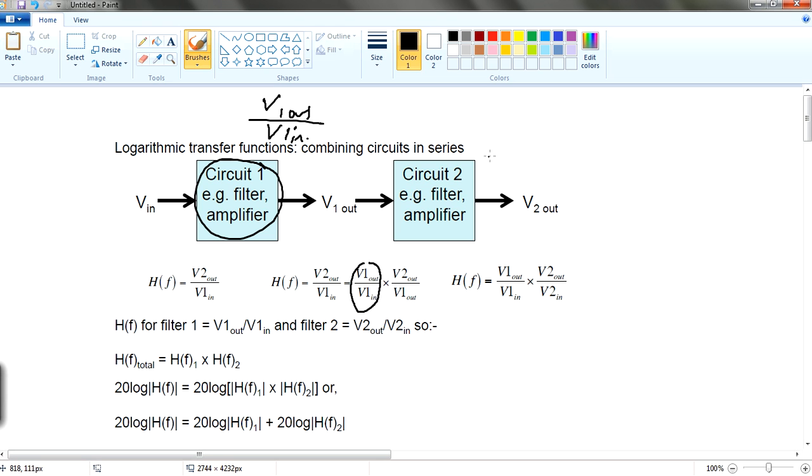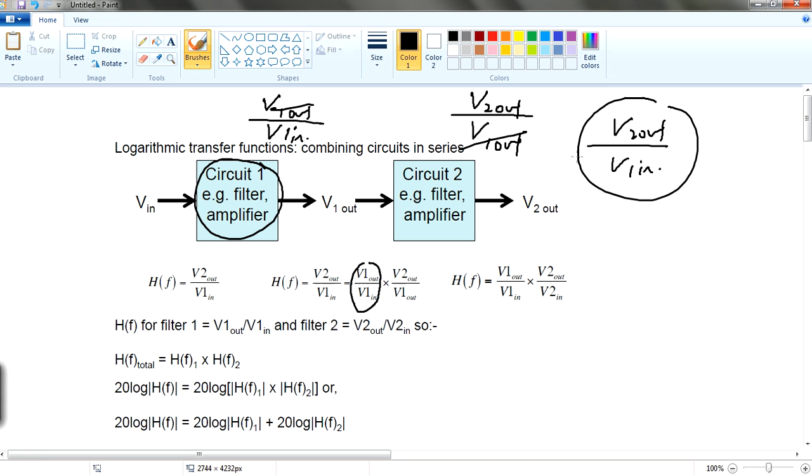If you have a second circuit over here, you have V2 out over V1 out, right? If you cancel out, you have V2 out over V1 in, which is V2 out divided by V1 in.